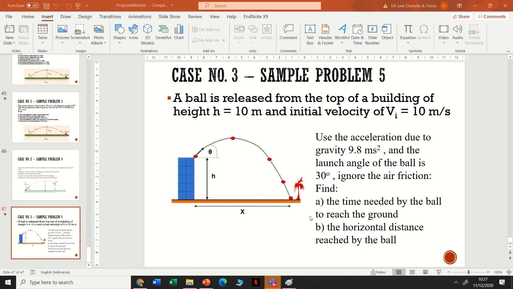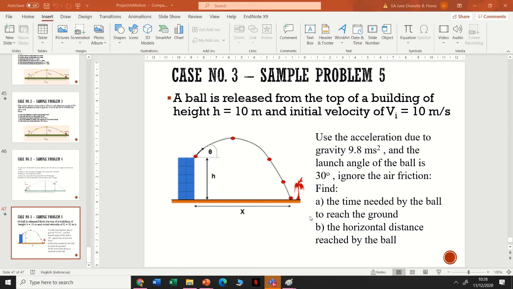So the only option that we can use to solve for the time here is to rely on the vertical dimension of our projectile. So that would be on its free fall aspect. So to solve for the time on the free fall aspect, as I mentioned earlier, we will have to treat this projectile into two, divide it into two.